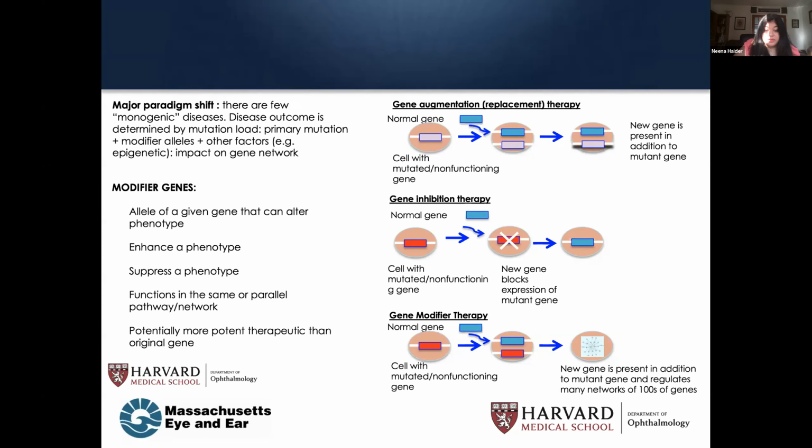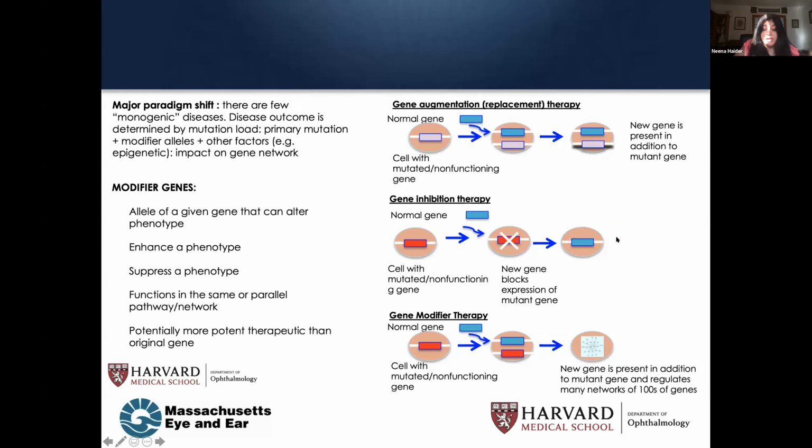Now, the modifier therapy is completely a new therapeutic type. So this is in the presence of the mutation. This is another gene. So it's not gene augmentation. It's not the same gene. We're not doing actually anything with the mutant gene. In the presence of the mutant gene, we're adding another master regulator. And what that master regulator does is impact an entire network of genes.